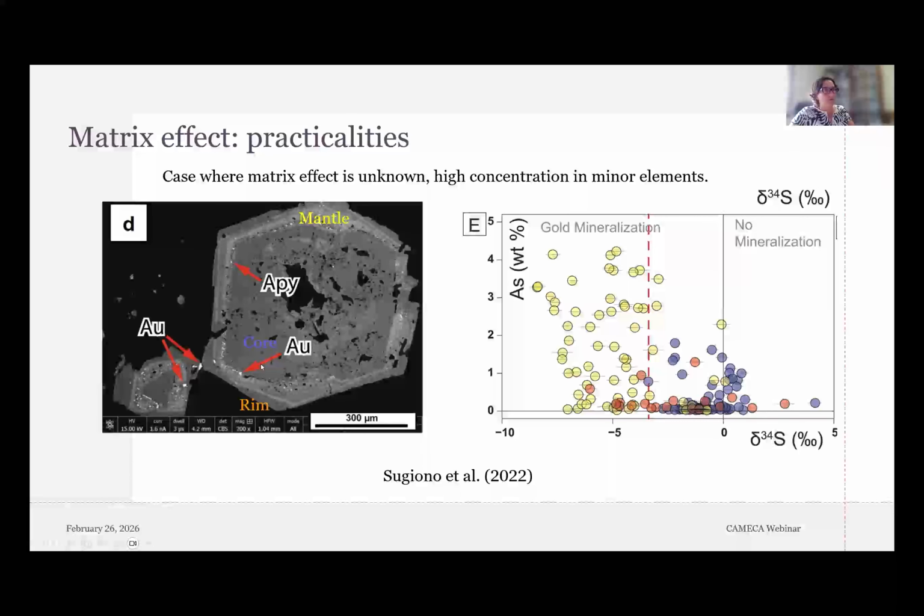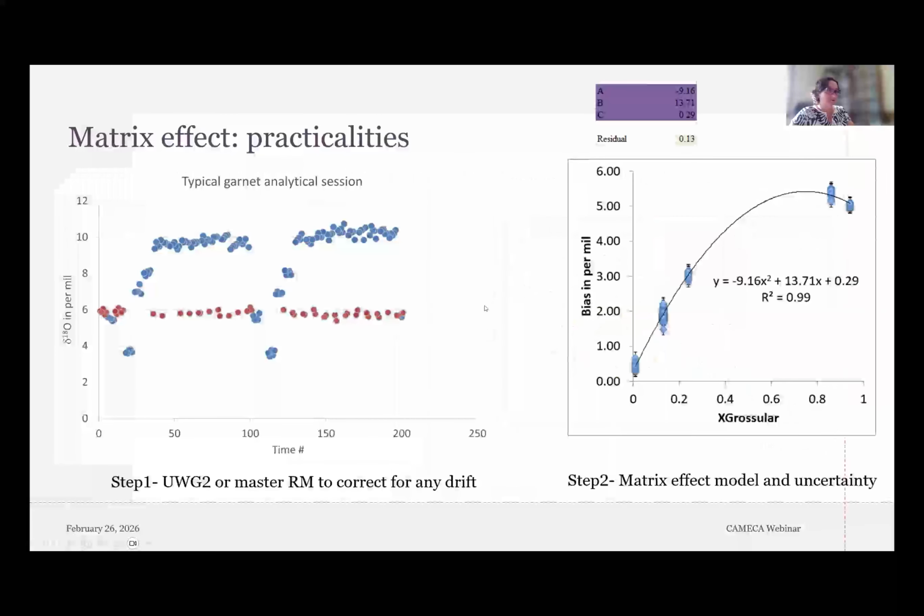We didn't know whether that could affect the results, so we did the sulfur isotope analysis across the different domains and plotted the delta 34S against the arsenic content, and we don't see any trend. Usually when there is a matrix effect, there are really clear-cut trends. So we were confident that the results were not affected by this high arsenic content.